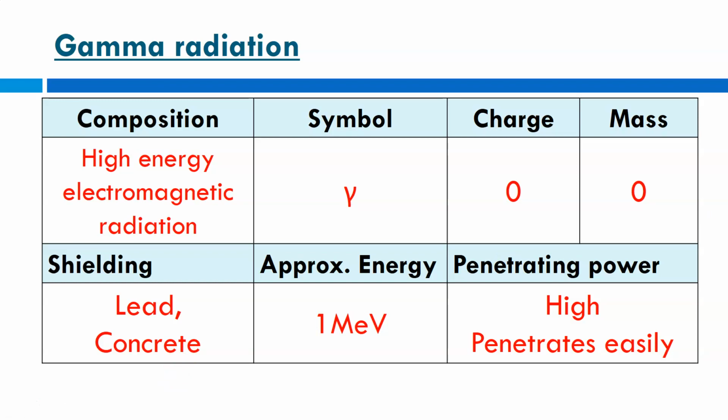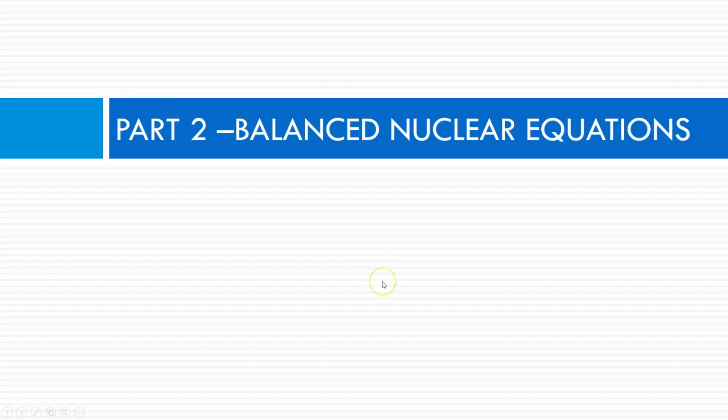All right, so now that we've learned about the different types of particles, we are going to start balancing some equations. It's very similar to how we balance normal chemical reactions. We just have to count all the particles on both sides. The difference here is that we're not just making sure the atoms balance, we have to make sure the protons and the neutrons balance.